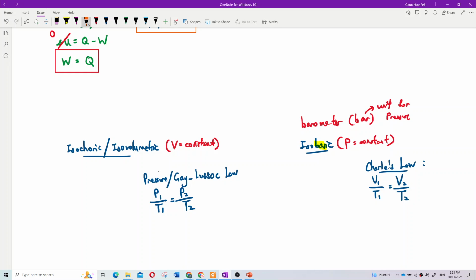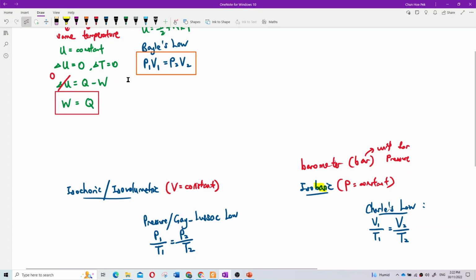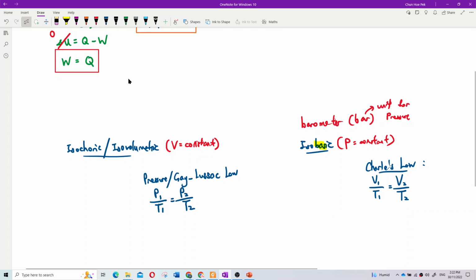For this one, work done is 0. For isovolumetric, work done is 0 because volume is constant, no expansion or compression.